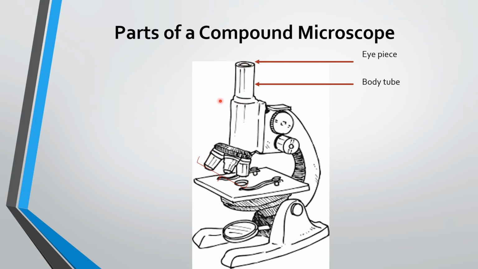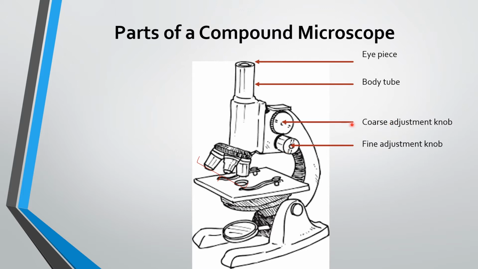And here we have two knobs, and this larger knob is called the coarse adjustment knob or rough adjustment knob. In Sinhala it is Ralu Siru Maru. And here the smaller one is the fine adjustment knob. In Sinhala it is Sium Siru Maru.